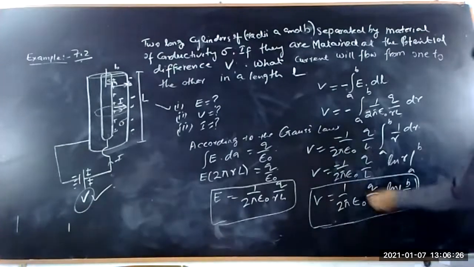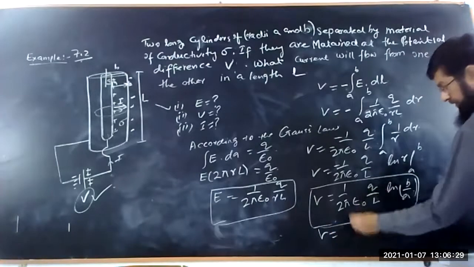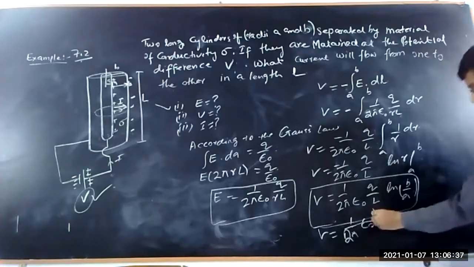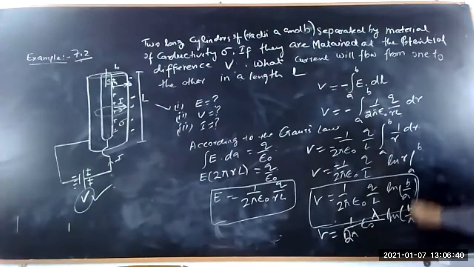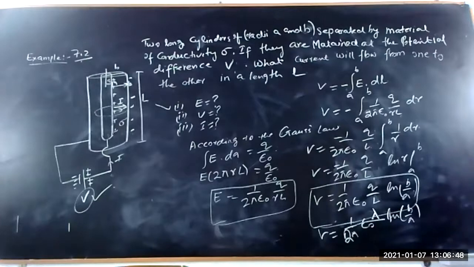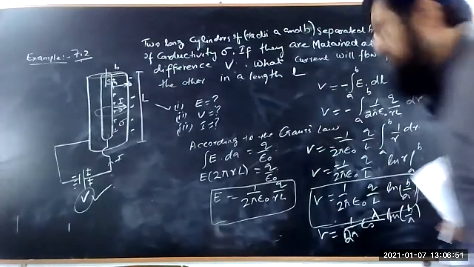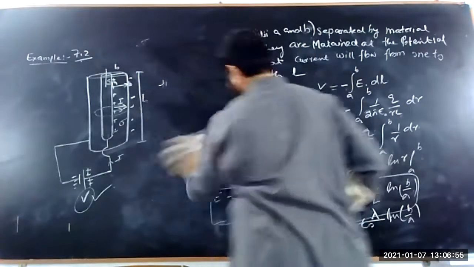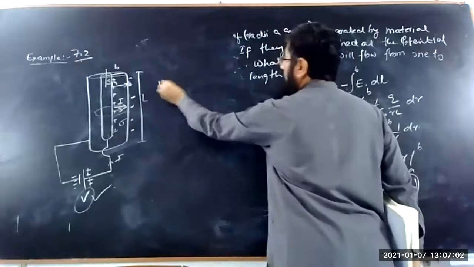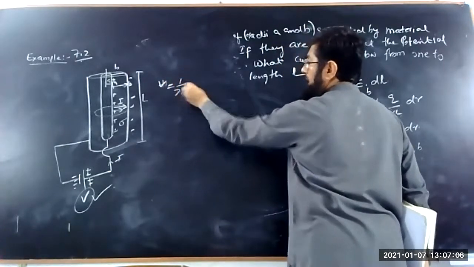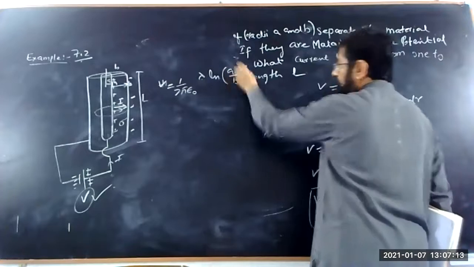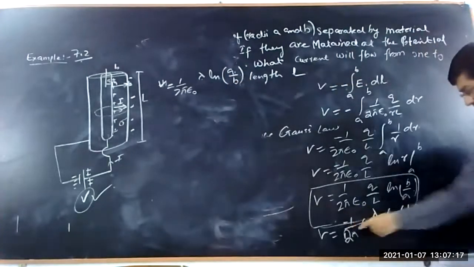So here this charge per unit length can be written as a charge density lambda, which is equal to 1 upon 2 pi epsilon naught into lambda log of B upon A. This equation can be rewritten as V is equal to 1 upon 2 pi epsilon naught lambda into log of A upon B, because the minus sign is absorbed over here.